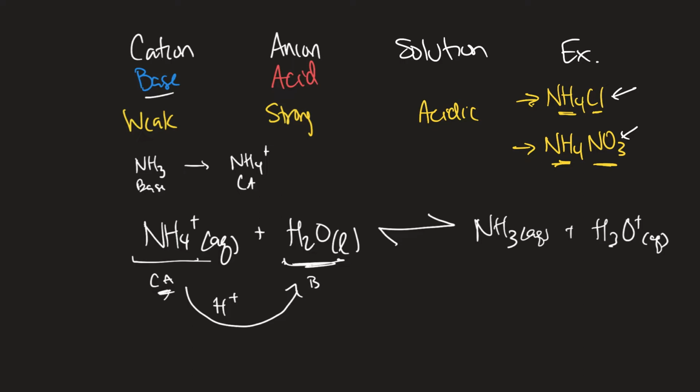Because the NH4 plus creates this hydronium, H3O plus, and if you have more hydronium ions in solution than hydroxide ions, then we have ourselves an acidic solution. So because the NH4 of the salt dissolving there induces more hydroniums to be produced, we have an acidic solution.